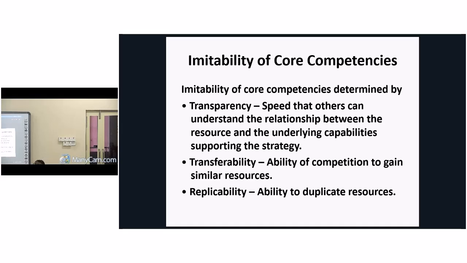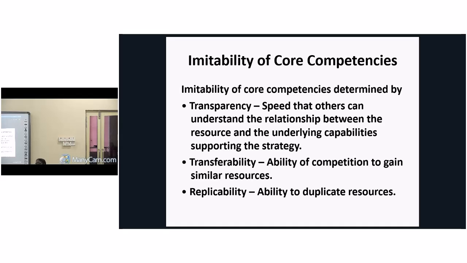If others can see, if the competitors can understand what it is, then transparency is there. It can be imitated. It can be duplicated by others if there is transparency.